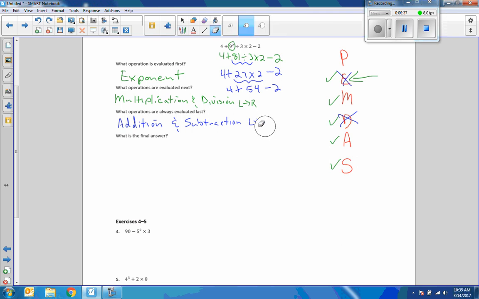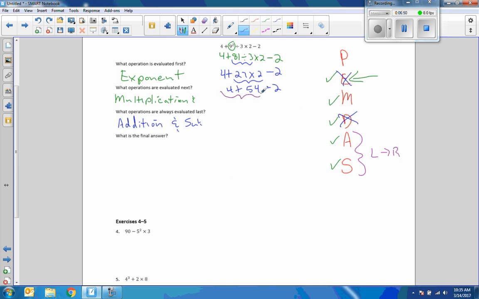Okay, let me move these rules out of the way here. I'm going to continue working this. Alright, so now we're down to addition and subtraction. And we work left to right. So I'm going to do the first one. 4 plus 54 is 58, minus 2 is 56. What is the final answer? 56.